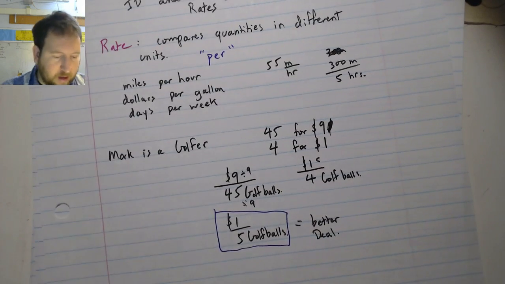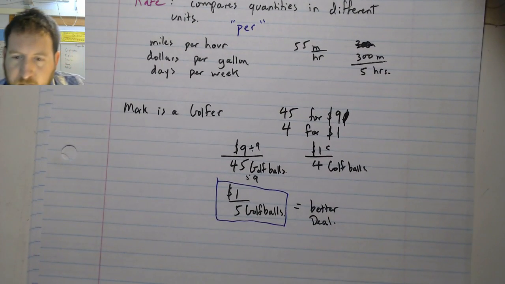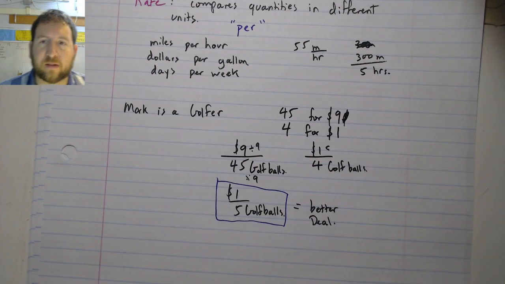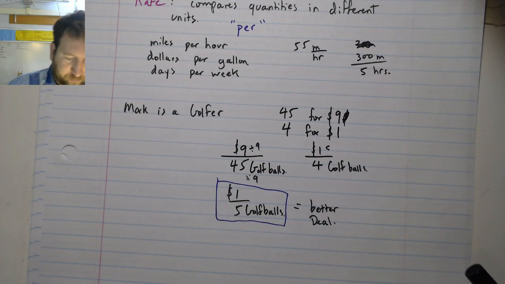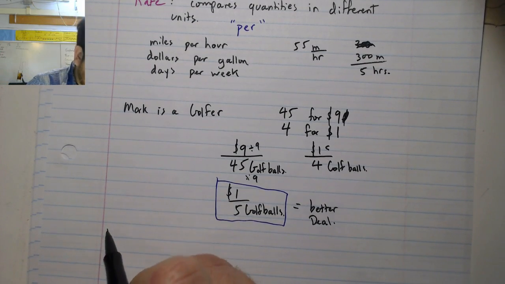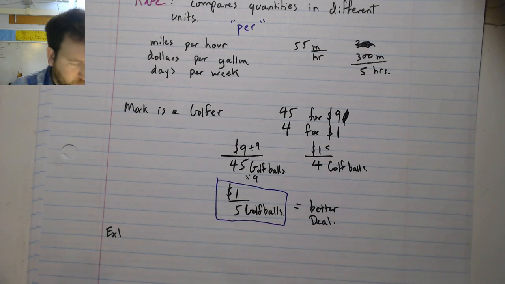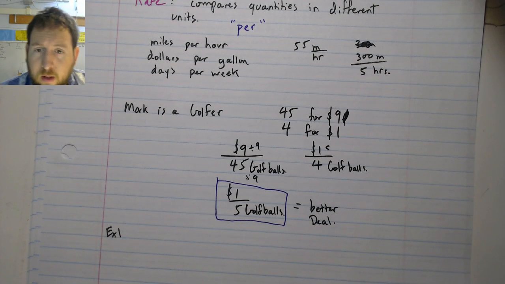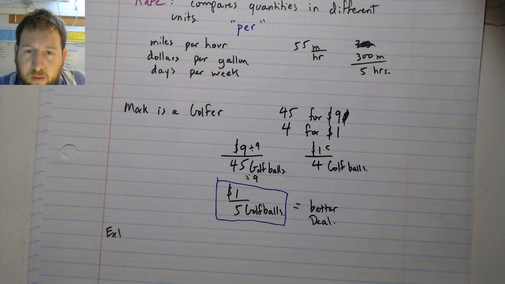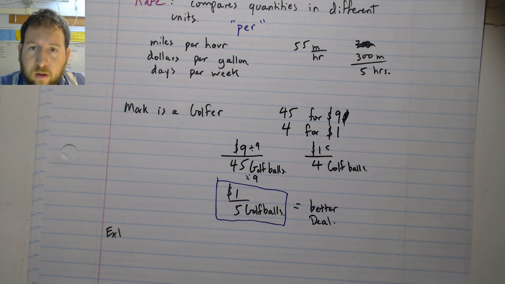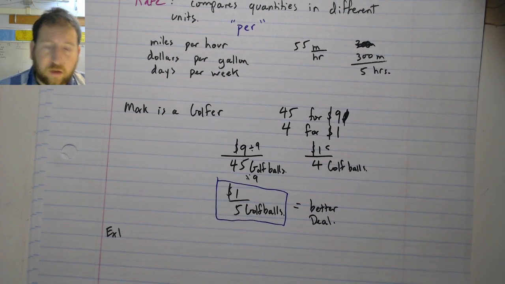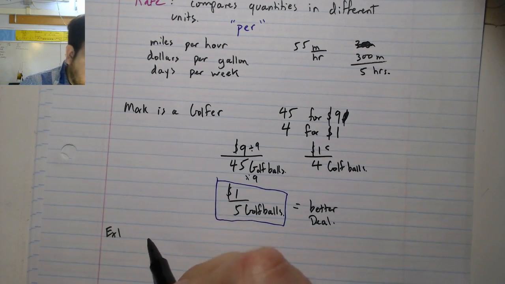Okay. What I want to do instead is go on and talk about our next example. Let's see. We are going to talk about two machines winding thread.